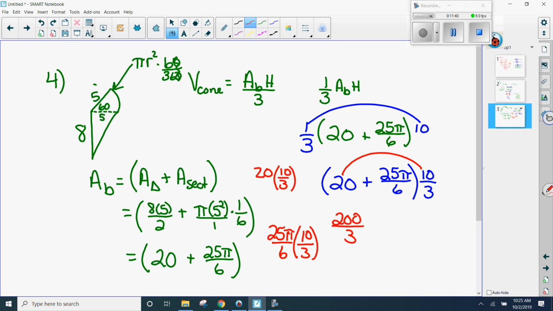Can I reduce first? 2 goes into 6 3 times. 2 goes into 10 5 times. What's 25 times 5? 125, or 25 quarters is $1.25. 3 times 3 is 9. Don't forget to put your pi, and the units are in centimeters, so it's going to be cubic centimeters.